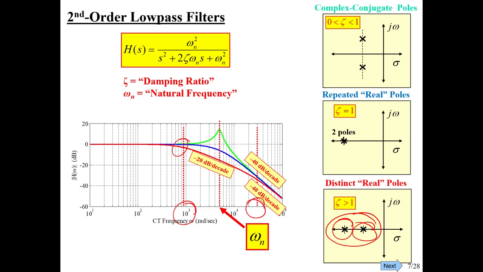One pole is going to be on each side of omega sub n, as we'll see on a subsequent slide. But for that case, it comes along, hits that first pole and goes minus 20 dB per decade for a while till it hits the second pole, and then it picks up another minus 20 dB per decade to become minus 40 dB per decade. So just a good characterization to keep in your mind.